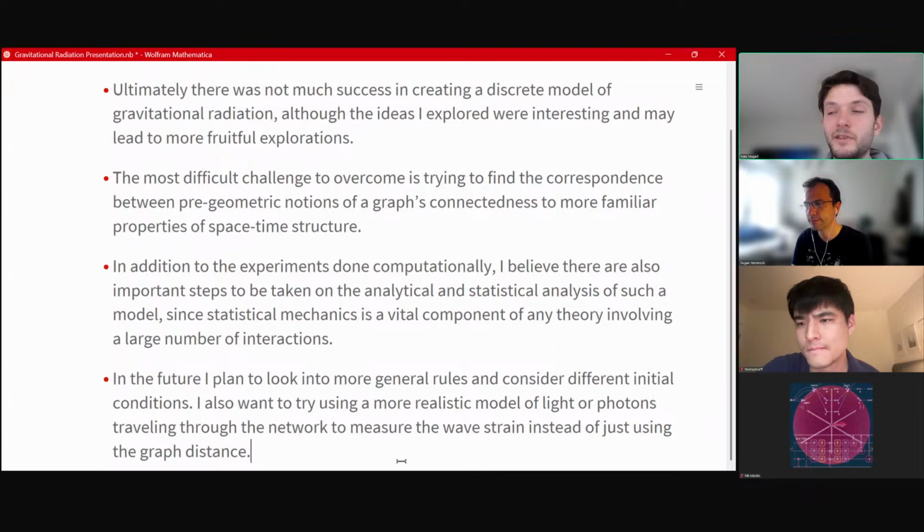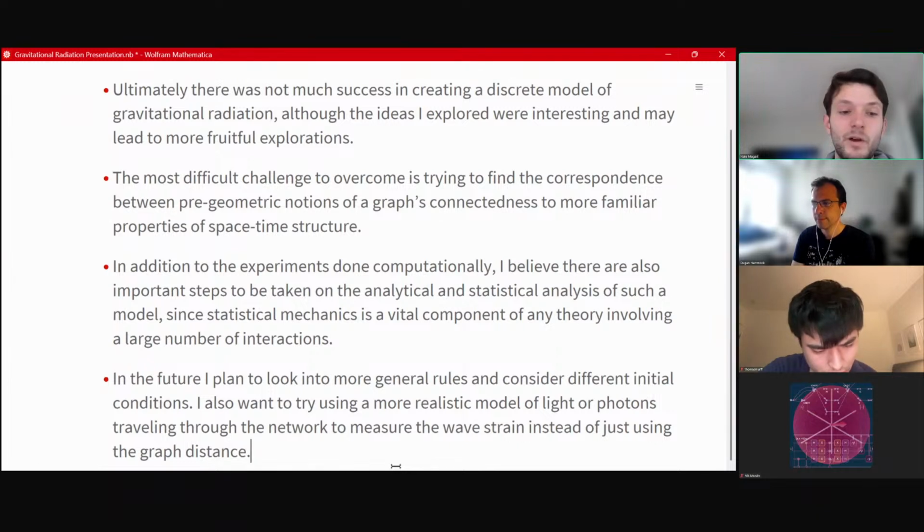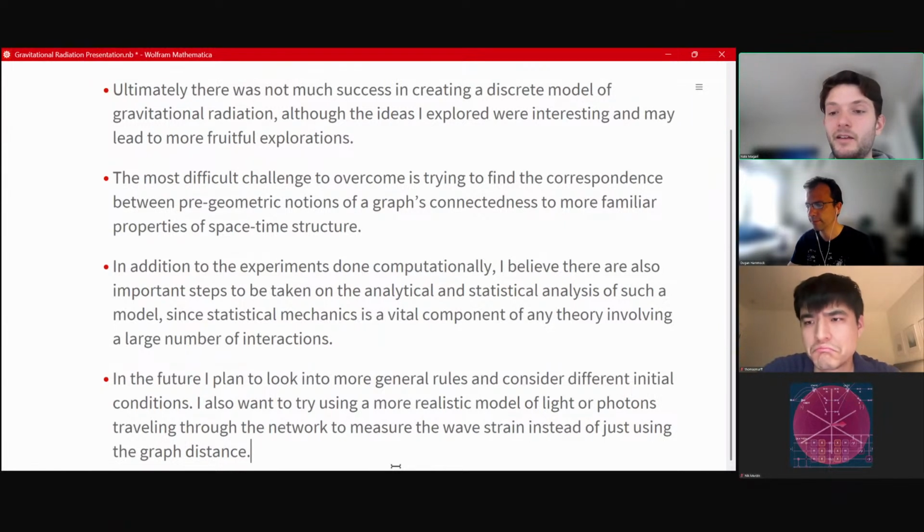Yeah, that's something that I thought about as well. When I was at the summer school, there was a presentation by Oliver Nill, and he had a lot of good ideas about how you can generalize notions of calculus to graphs.